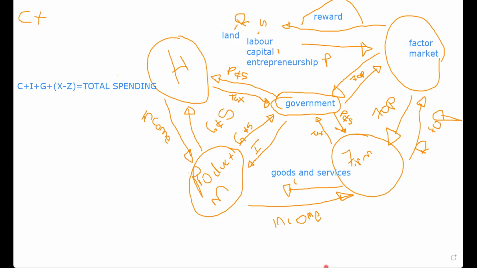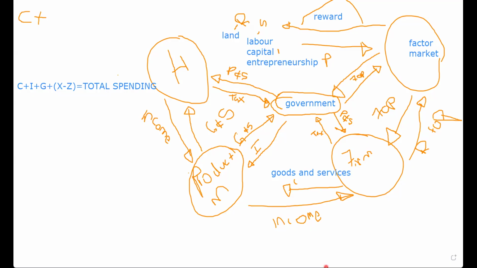So taxes are a leakage in the economy, and government expenditure is an injection. The money is being injected in because government expenditure will provide us with public goods and services. The government is using the money to spend in the economy, while taxation money is just going to the government. So it's a withdrawal.